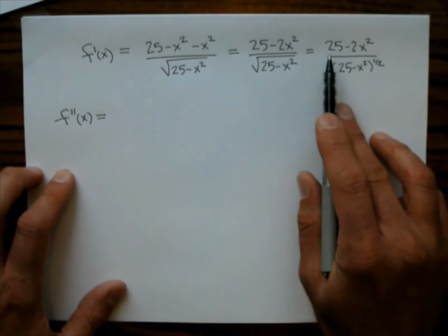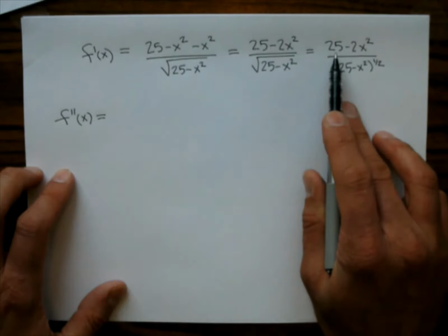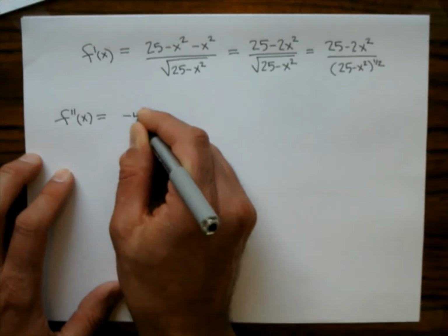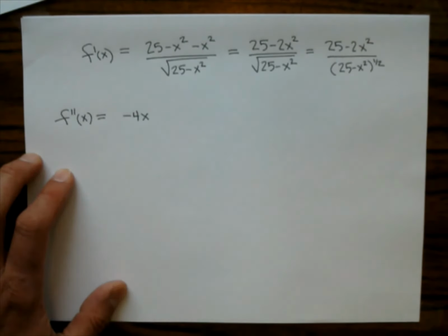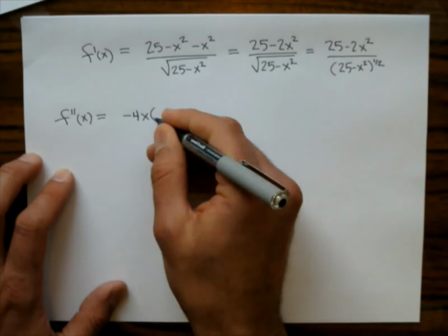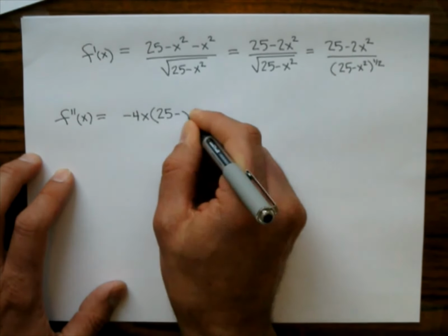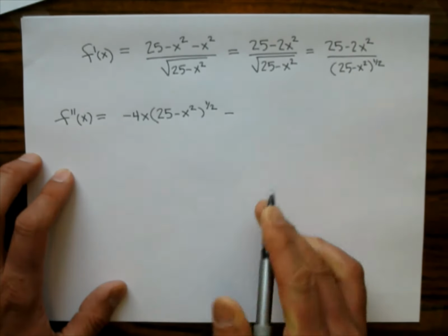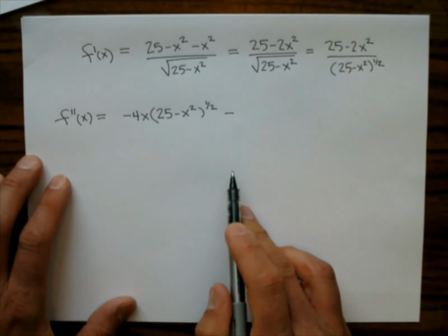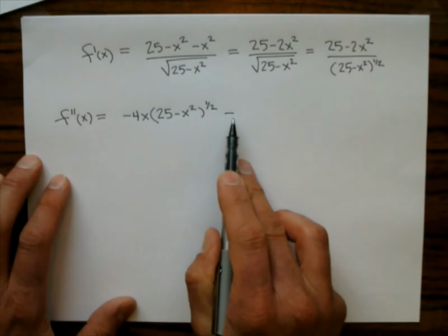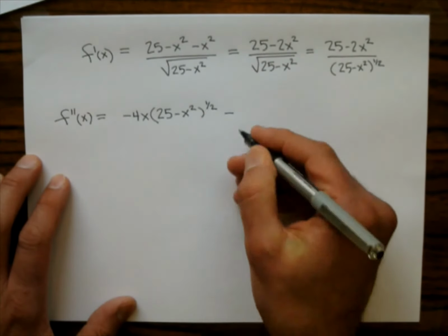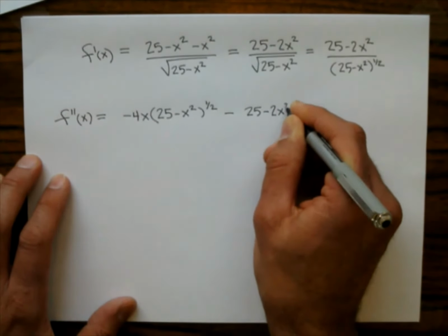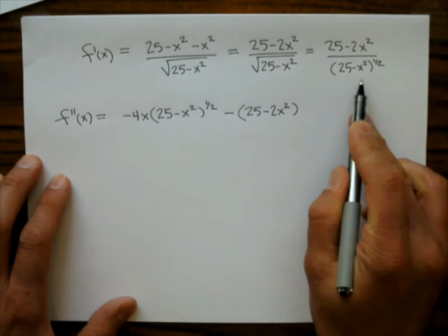The quotient rule says the derivative of the top, so that's 0 minus 4x, so negative 4x, is the derivative of the top, times the bottom, minus, because that's part of the quotient rule, and I'll try not to forget that minus on the next line, minus the top times the derivative of the bottom.